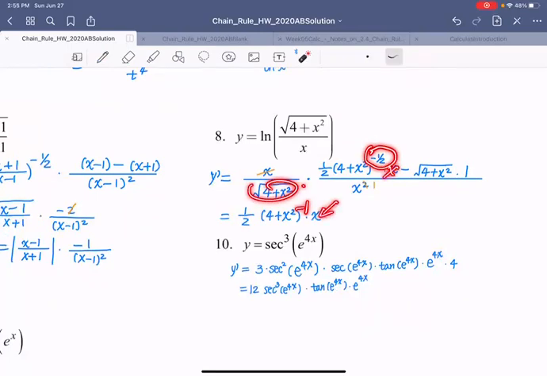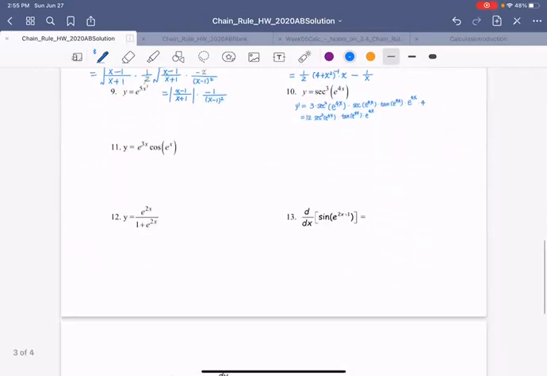X is copied down. And then minus. Does this two cancel? Yeah, this two cancel, so -1 over x. Okay, that's it. Make sense?